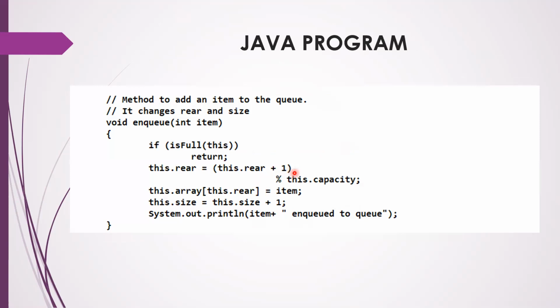For example, if it is in the third index, then 3 plus 1 percentage this.capacity. So this.capacity is 5. That will go to the rear.